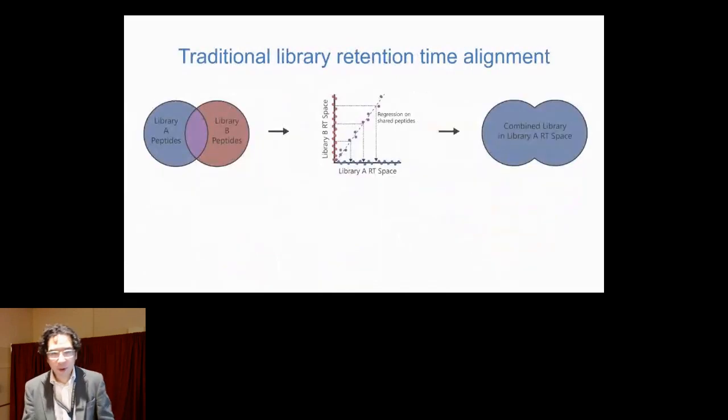And so if you were trying to aggregate all this data together, the most common way would be, say, there's a certain number of peptides in common between all of those data sets. You could use those as retention time anchors and map from one library space into the other, to give you an idea of what library B would have looked like in library A's retention time space, and then create this combined library in A's retention time space.